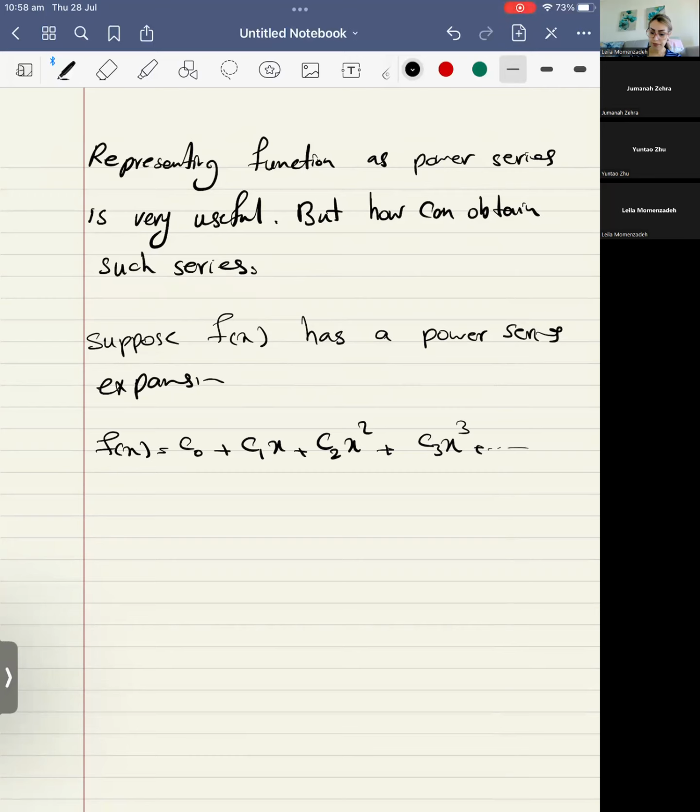Now, how do we find the values of c0, c1, c2, and so on? What do you think? How can we find the values? Do you have any idea? How can we find c0?